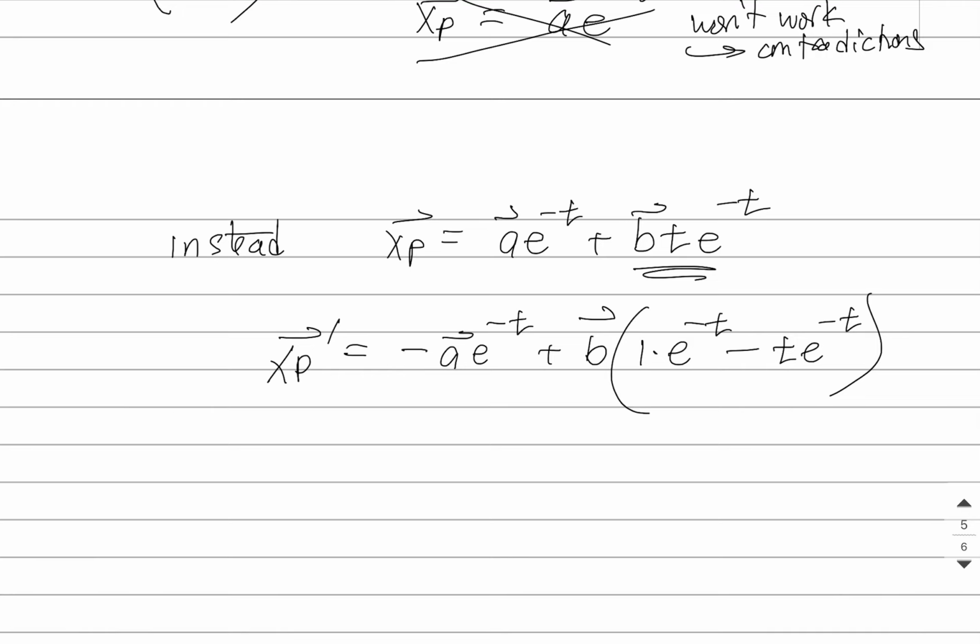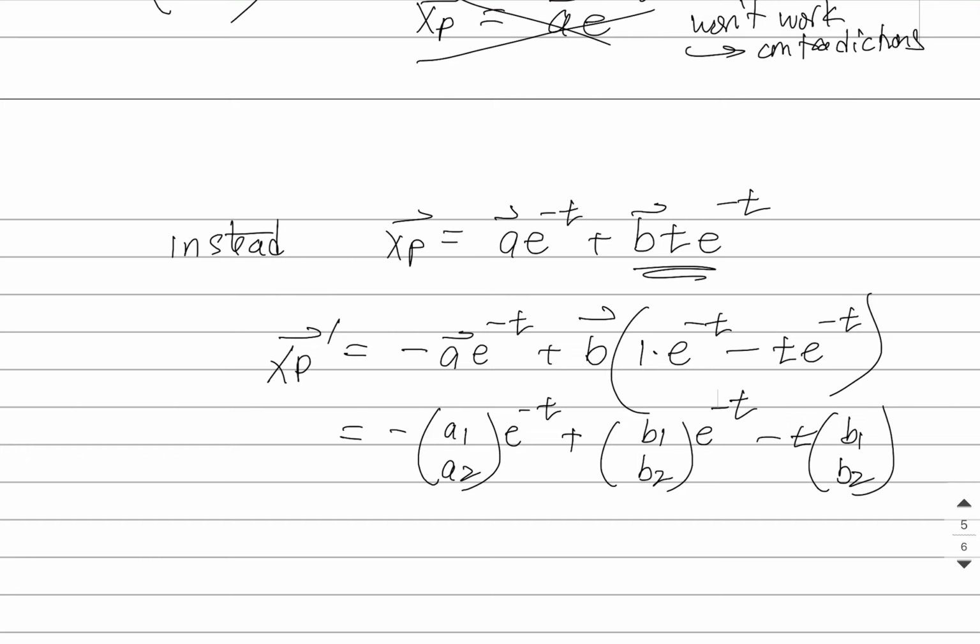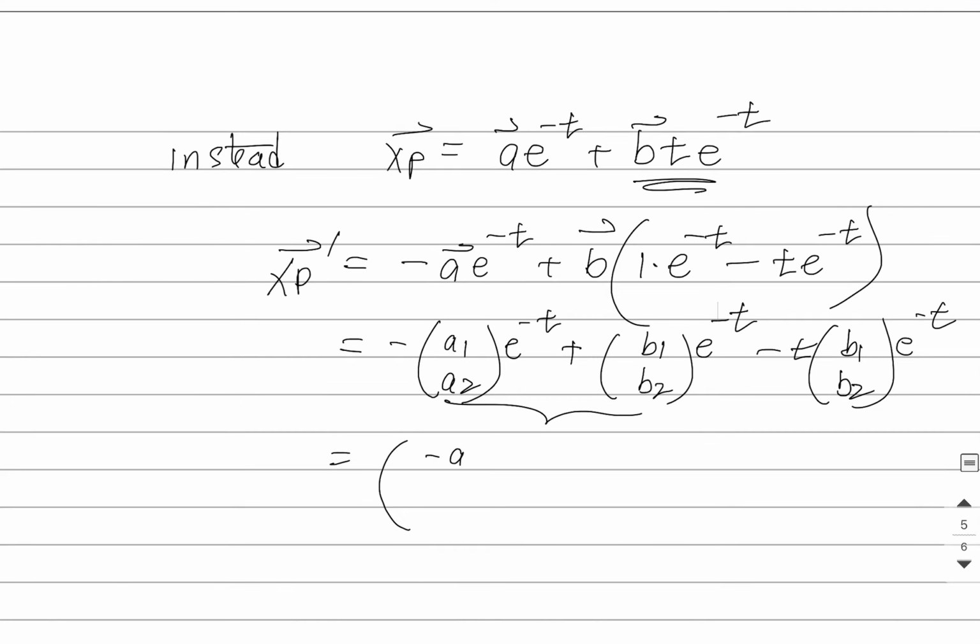You can treat this in lots of different ways, but it's in terms of solving a system. Remember that what we are looking for are two unknowns from the vector A, and then these two unknowns from the vector B. Nothing glamorous about it. I would recommend that you put these two together. You'll get negative A1 plus B1, negative A2 plus B2, e to the minus t, subtract t, B1, B2, e to the minus t.